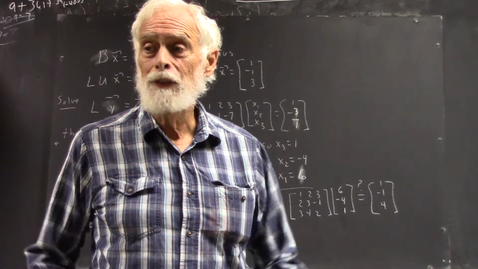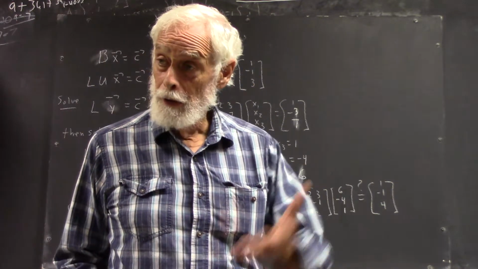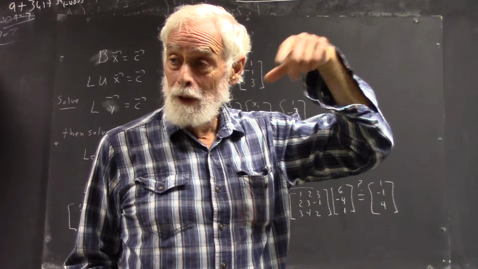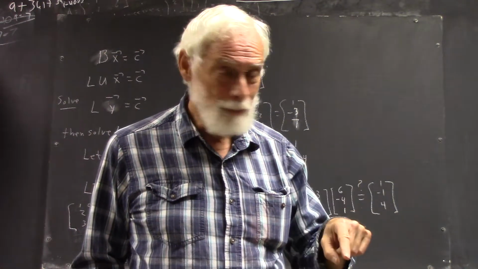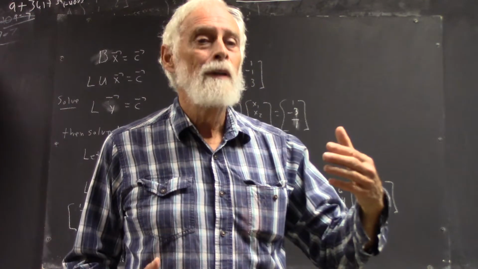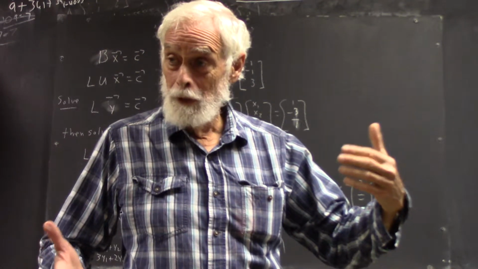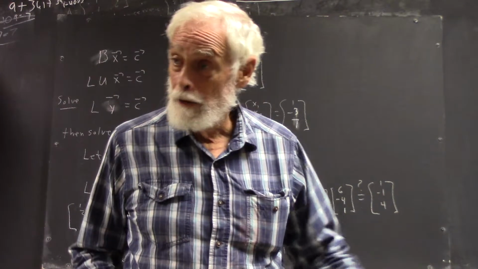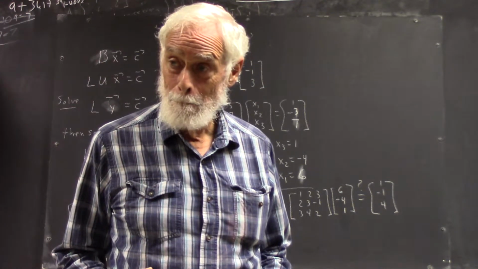You know, how many steps does it take to reduce a 10 by 10 matrix to upper triangular form? Well, I think it was in the book. It takes 1 step to get the second row, 2 steps to get the third, 3 steps to get the fourth, okay? So it's just 1 plus 2 plus 3 up to 9, okay? Which is 10 times 4.5, which is 45 steps, okay?